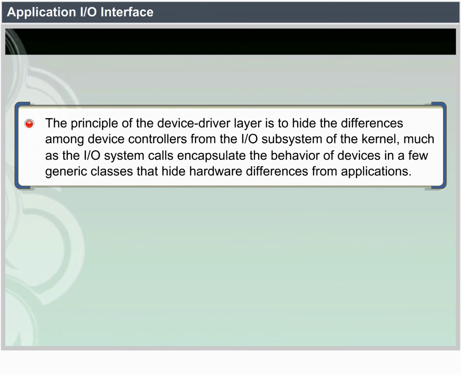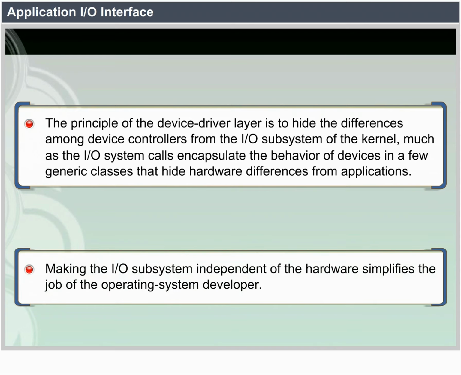The purpose of the device driver layer is to hide the differences among device controllers from the input-output subsystem of the kernel, much as the input-output system calls encapsulate the behavior of devices in a few generic classes that hide hardware differences from applications. Making the input-output subsystem independent of the hardware simplifies the job of the operating system developer.